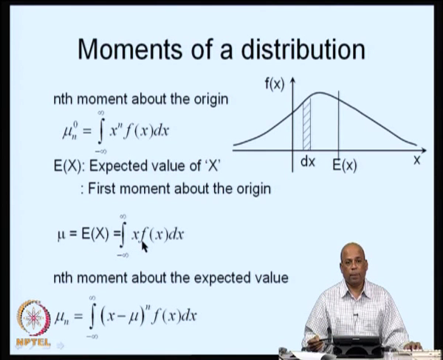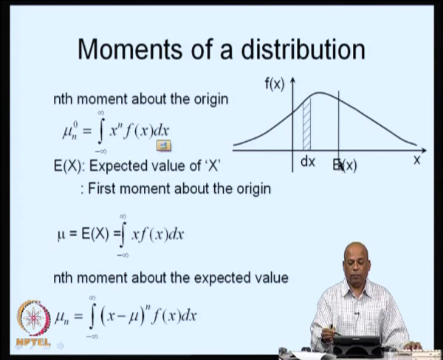Once we know the expected value, let us say we fix the expected value here, then we start taking moments about the expected value, which come in very handy for our analysis. So, first we defined the moments of the distribution about the origin and obtained the expected value. The other moments about the origin are also important and significant, but once we define the expected value of x, we also start taking moments about the expected value itself.